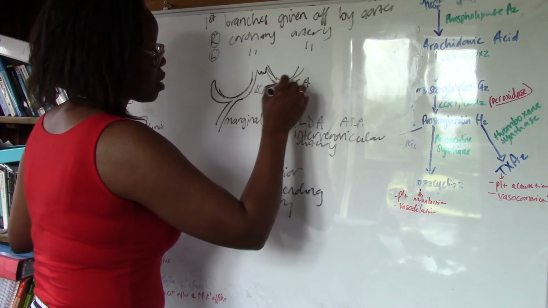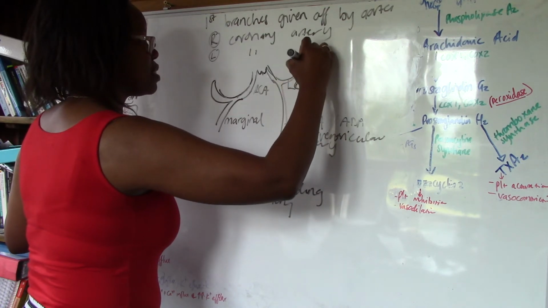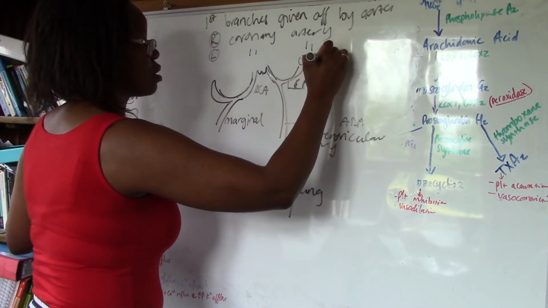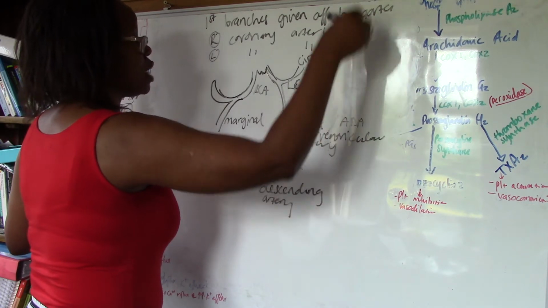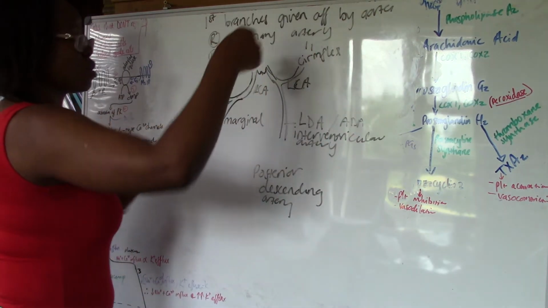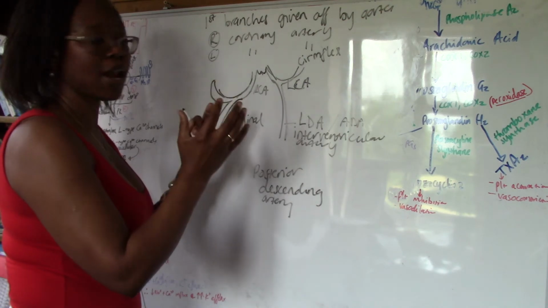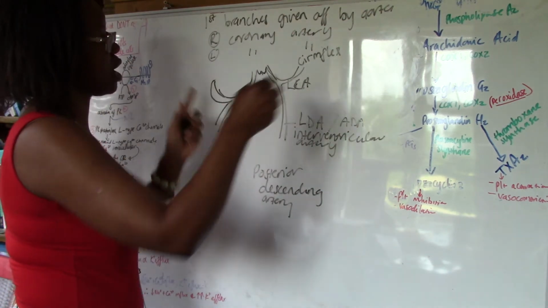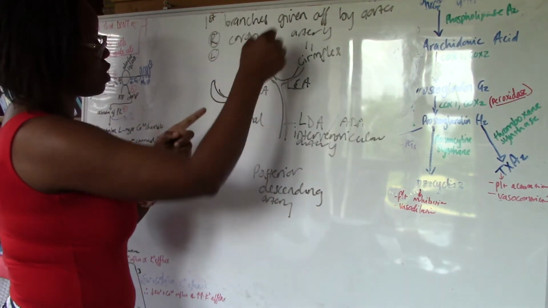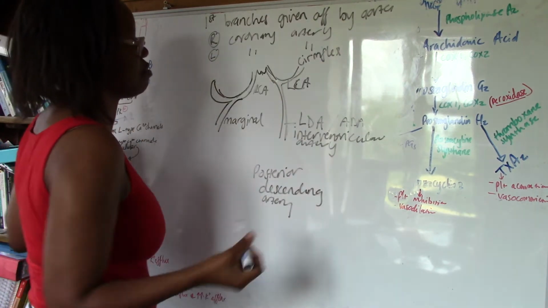And then it also gives us the circumflex, which again will supply blood going posteriorly, and it will anastomose with the right coronary at the posterior surface of the heart.